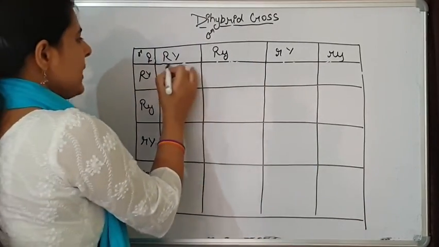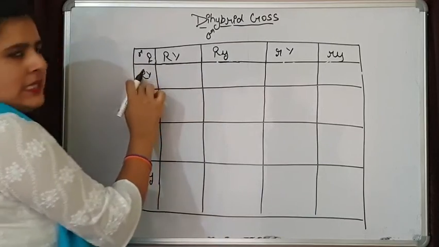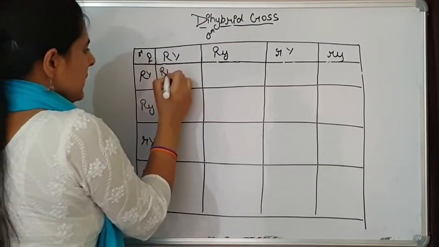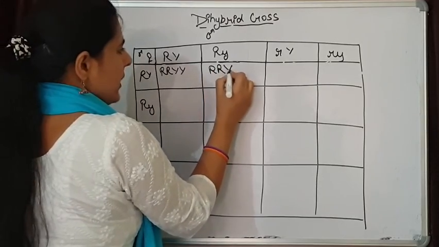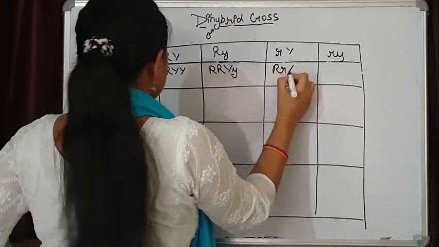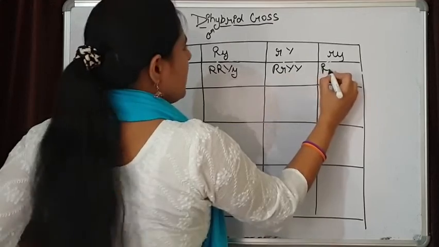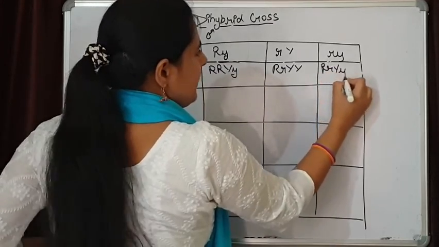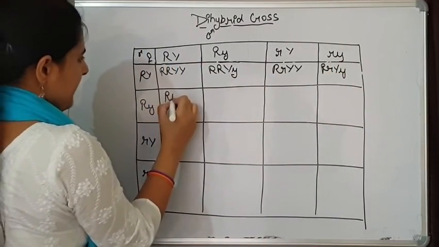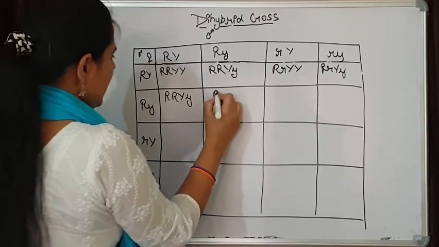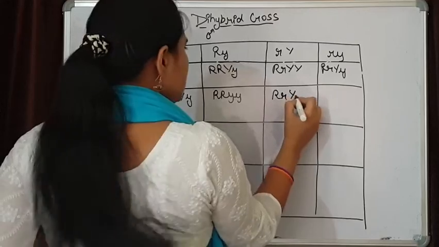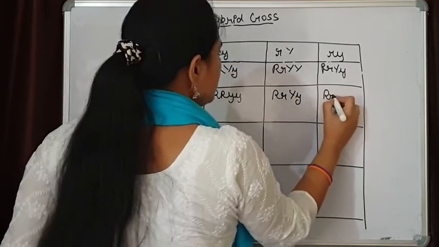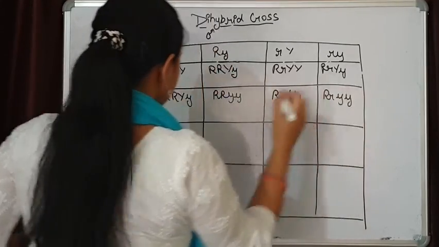We have to write down by combining these gametes. This is capital R and capital Y. I am just combining the male and female gametes. So these are all the possible progeny that are going to be formed by their combination.